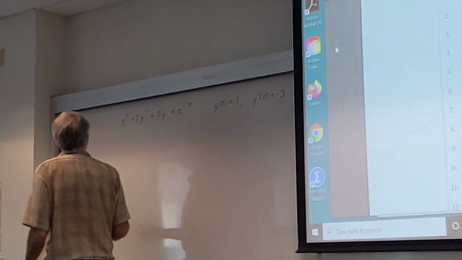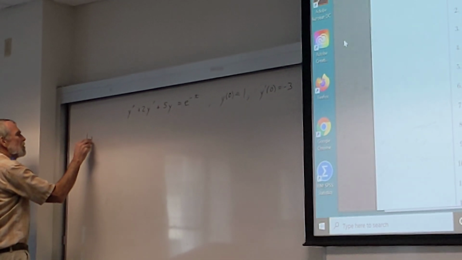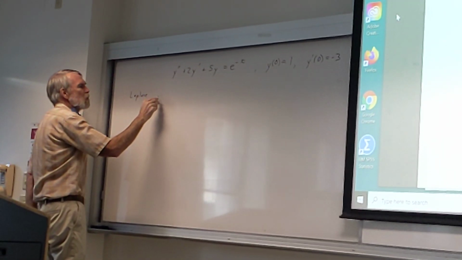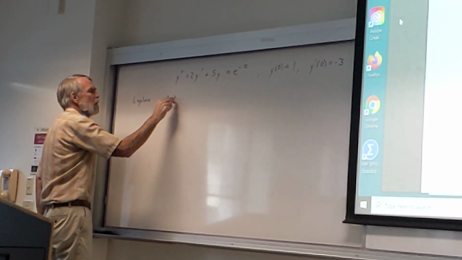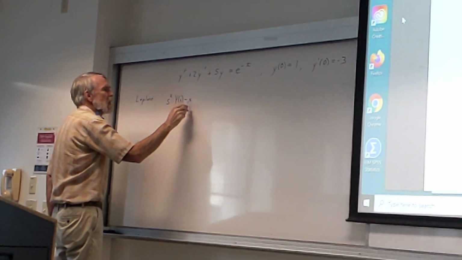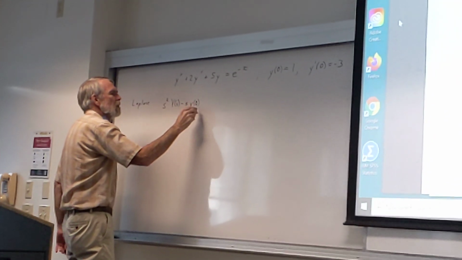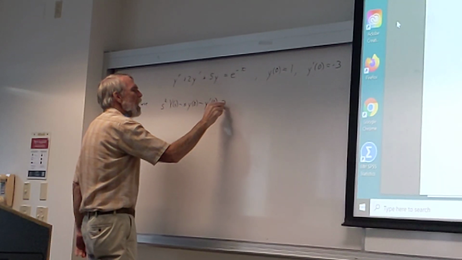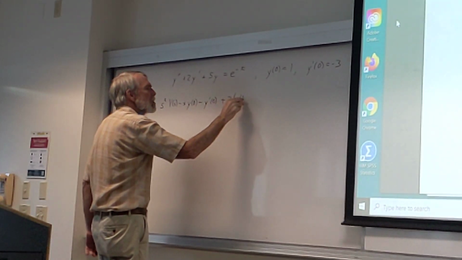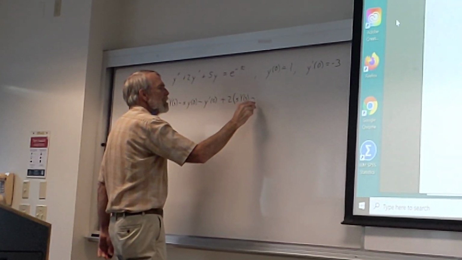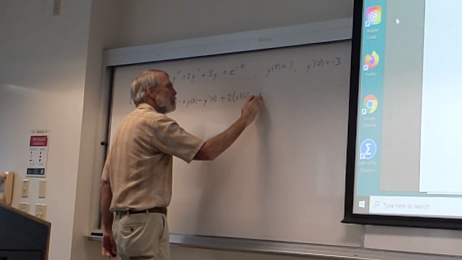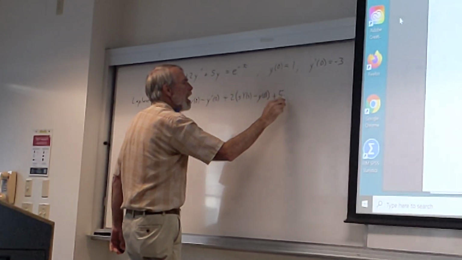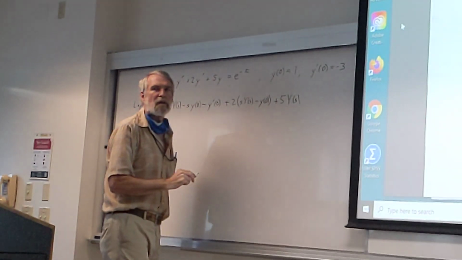So we can see, if we do the Laplace transform, then what we get from this particular one is s squared Y of s, minus s y of 0, minus y prime of 0, plus 2 times s Y of s, minus y of 0, plus 5 Y of s, right?